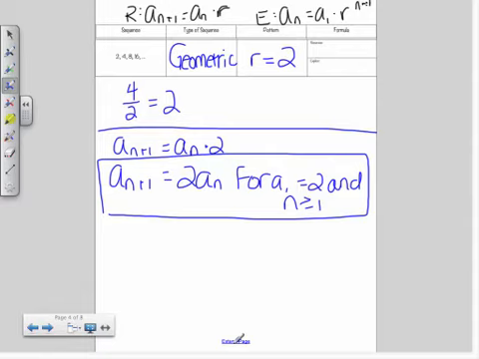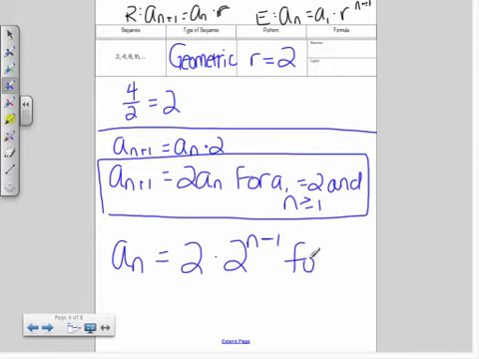Okay? Now for the next one, I need to figure out what my explicit formula is. Now my explicit formula is going to be a sub n equals a sub 1, which is 2, multiplied by 2 to the n minus 1 power. Okay? For n is greater than or equal to 1.